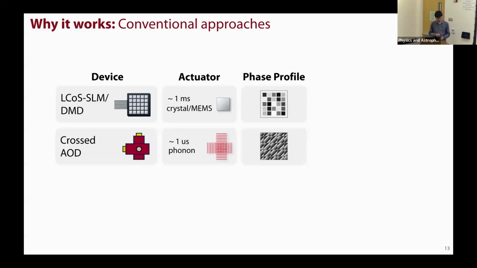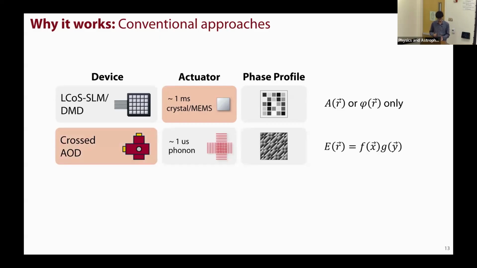However, conventional approaches complicate this story, either because the actuator cannot represent a general complex optical field, such as in the SLM and DMDs, which can provide either amplitude modulation or phase modulation, but not both. Or because the geometry itself imposes a limitation, as in the crossed AODs, where the output field can be written as a product of the two modulation functions on both axes.